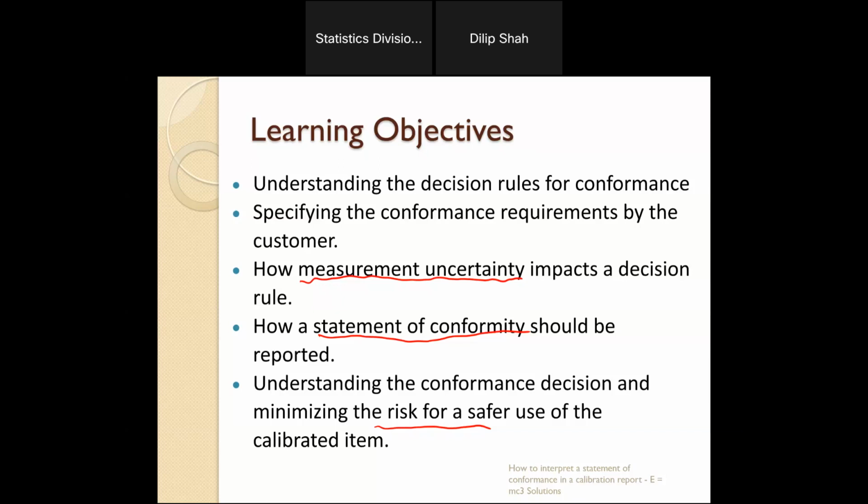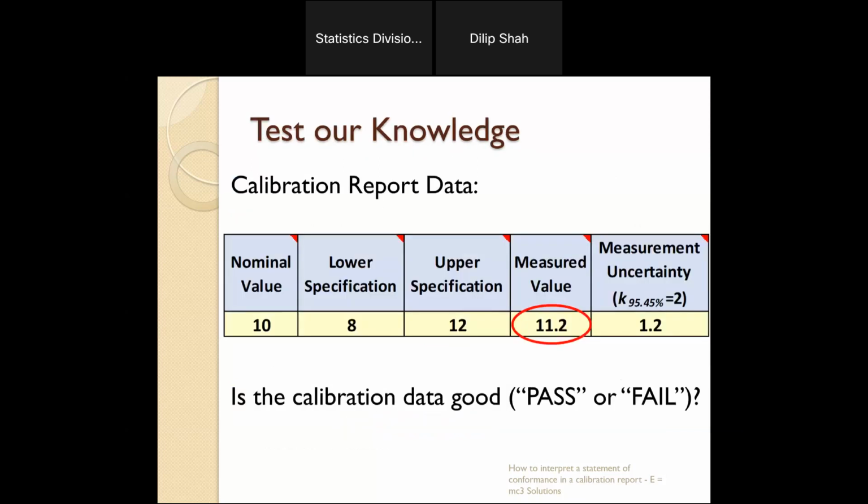We may use that item to make food products, pharmaceutical products. We may be making sure the speed of the aircraft is right, the amount of fuel that is filled in an aircraft is correct, and a lot of other applications and different risks associated with that.